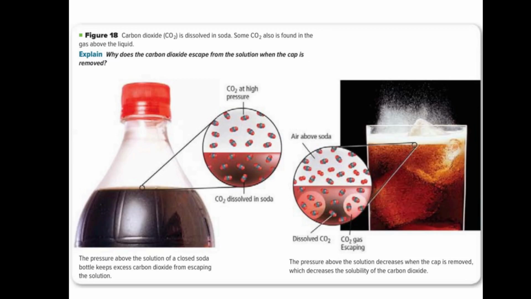But as soon as you release the pressure, when I twist the cap on the soda bottle, you hear that, which lets you know that the pressurized system above the soda is now at atmospheric pressure. And what do you see with the soda? A lot of the carbon dioxide immediately bubbles out. That's because you suddenly decrease the solubility of the carbon dioxide in that solution, because solubility also varies with the pressure.